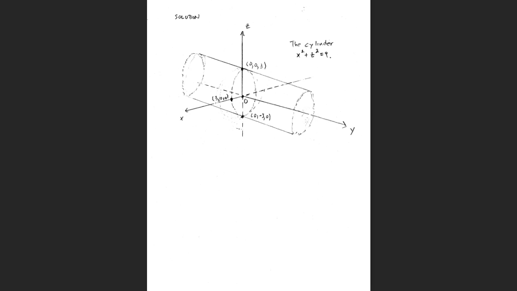And you see, if you were to draw x squared plus z squared equals 9 in the xz plane, this would be your circle, right? With radius 3. But since x squared plus z squared equals 9 can be thought of as x squared plus z squared plus 0 times y equals 9, y can be anything.